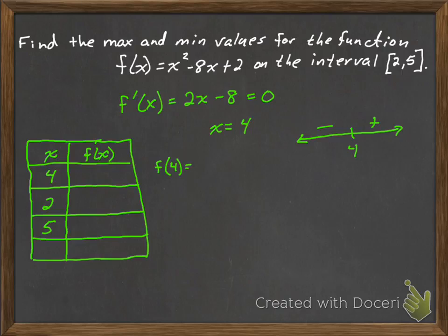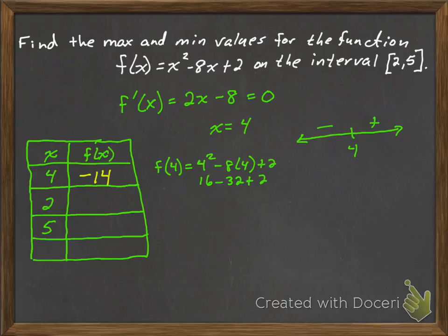So f of 4 would equal 4 squared minus 8 times 4 plus 2. So that's 16 minus 32 plus 2, which is negative 16 plus 2, that's negative 14. All right, so we're going to have a negative 14 here.